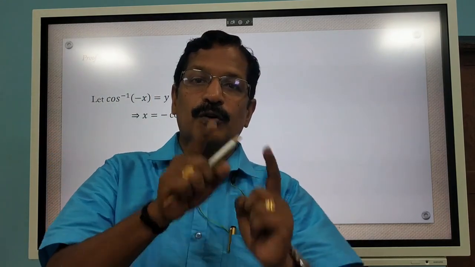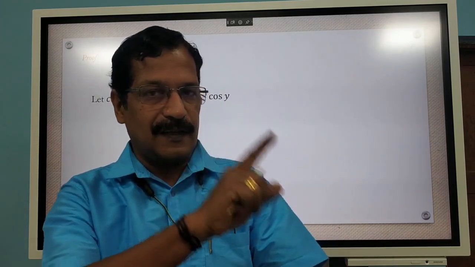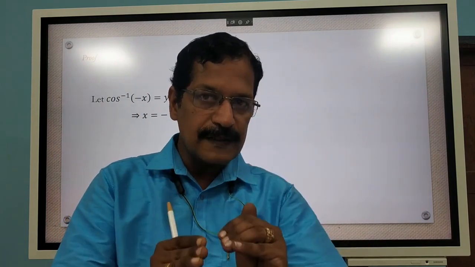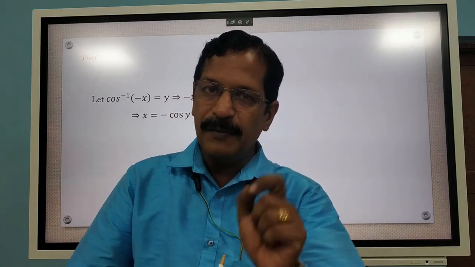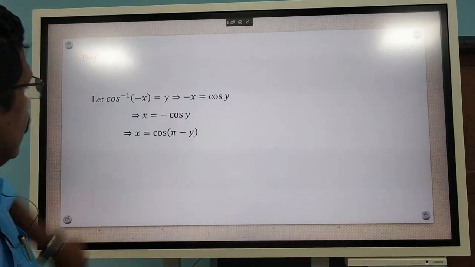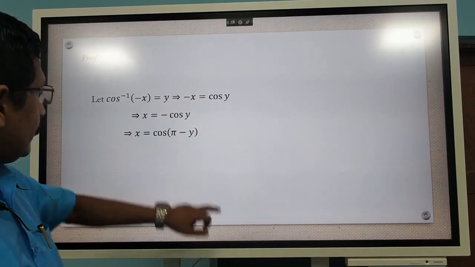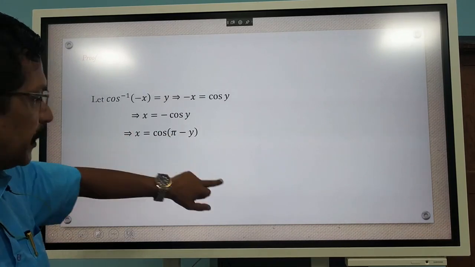Minus cos y is cos of pi minus y, because cos is negative in the second quadrant. We are taking the 0 to pi case for cos inverse. So x is equal to cos of pi minus y. Now bring the cos to the left hand side. So cos inverse of x will be pi minus y.